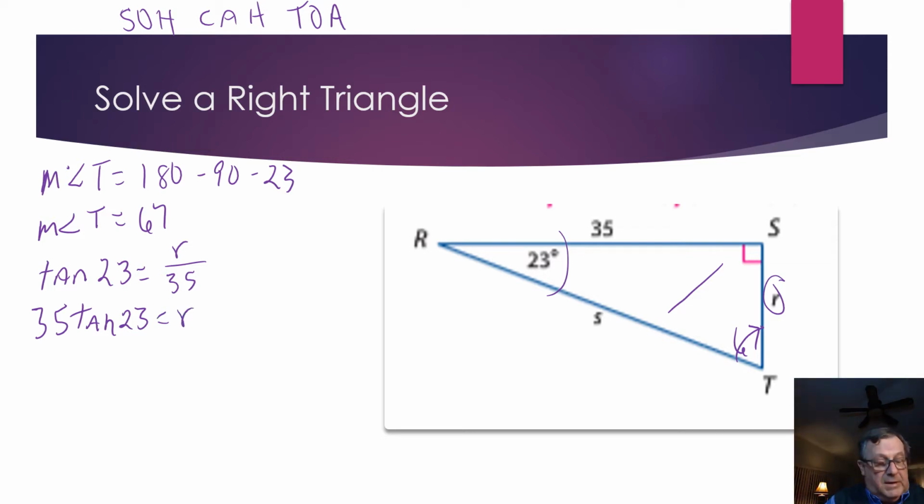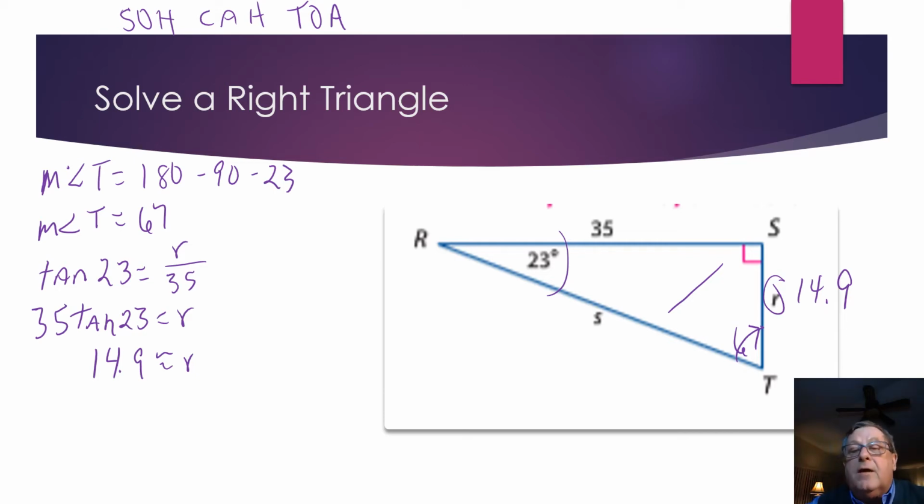So let me put this in. 35 times the tangent of 23. And that would equal 14.856, or let's just say we'll round it to the nearest tenth. 14.9 is approximately the measure of side R. Now, once again, let me reemphasize, I want to kind of stick with what I know and what I've been given.